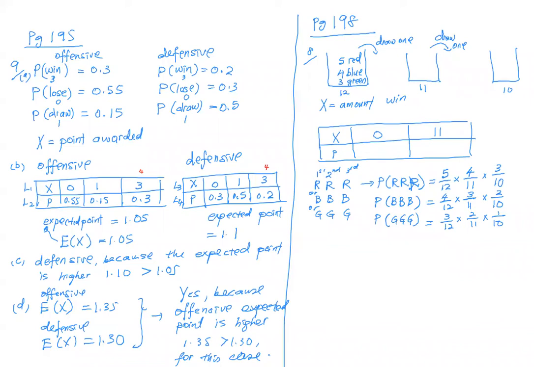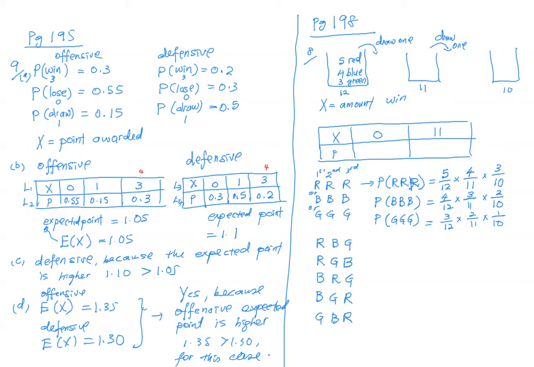Okay, so now we are talking about all different colors. When you say all different colors, I can have red, blue, green, or red, green, blue, or blue, red, green, or blue, green, red, or green, blue, red.